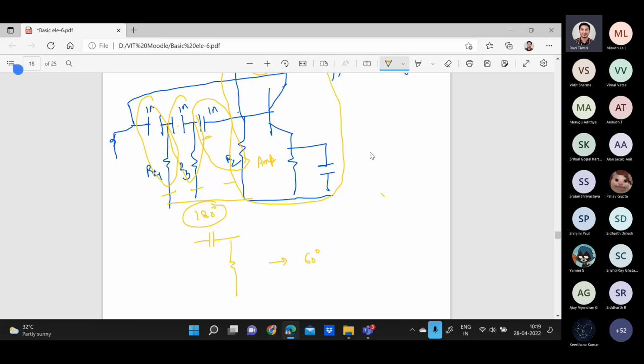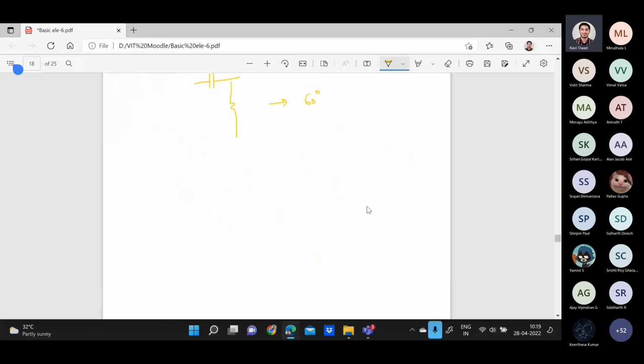Now, if you're generating a sinusoidal output, it will have certain frequency. Actually in the numerical, they will ask you to find out the frequency of the output sinusoidal signal. That value will be equals to 1 by 2 pi RC under root of 6. Why it's 6? It's equals to 2 pi RC under root of 2n, that means how many RC combinations you have taken.